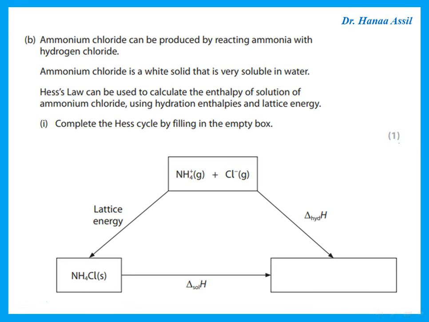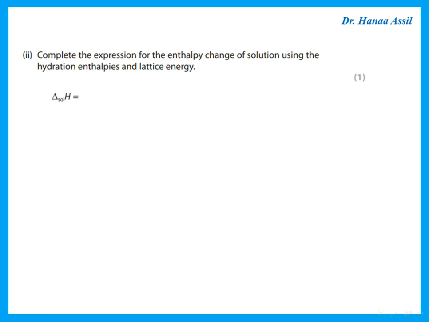The lattice energy is the change from NH4+ and Cl- to the solid form. That's the lattice energy. Now, what is the hydration energy? The hydration energy is changing the gas into aqueous. So ammonium from gas to aqueous and the chloride from gas to aqueous.